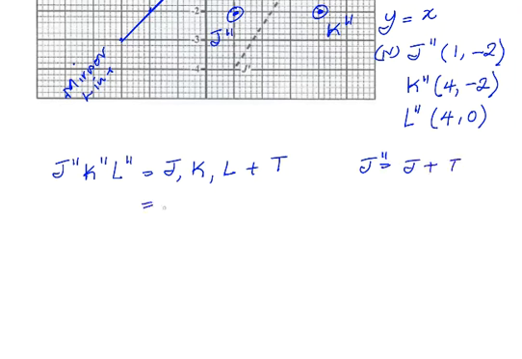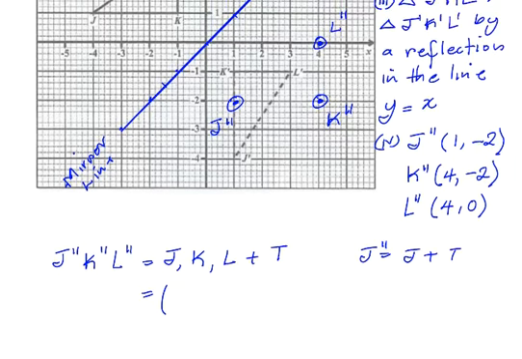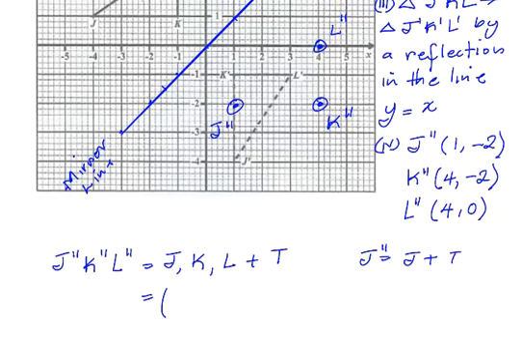All right, so let's put in the coordinates of J. The coordinates of J is (-4, 1). The coordinates of K is (-1, 1).